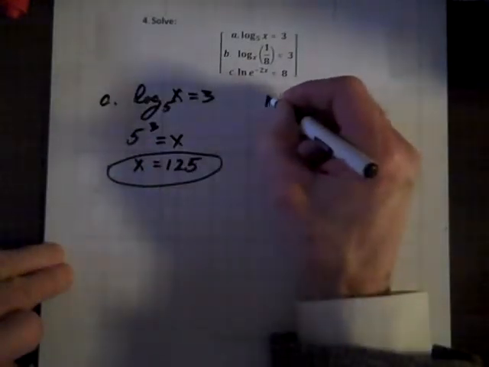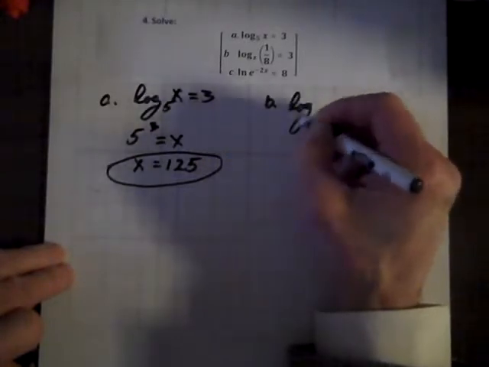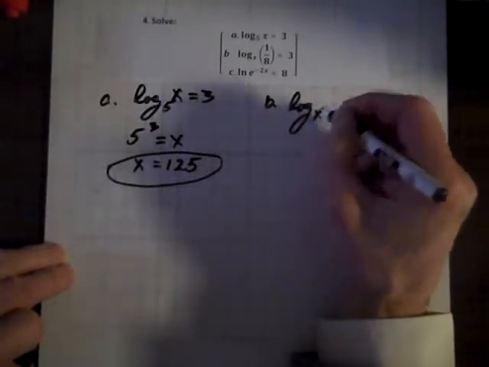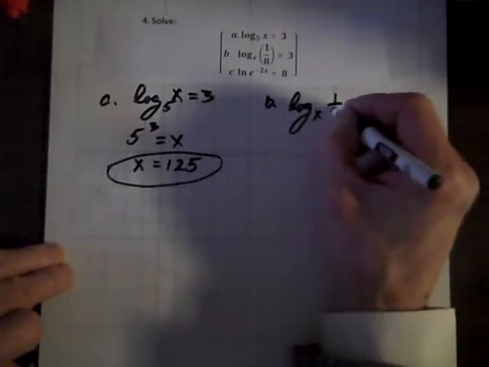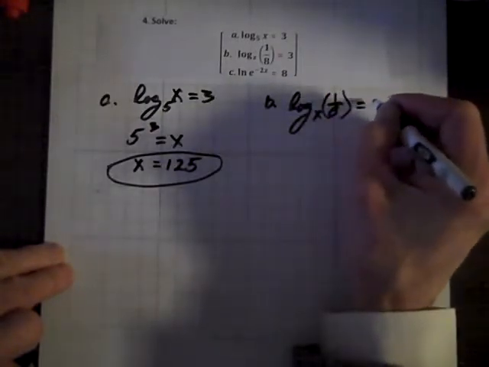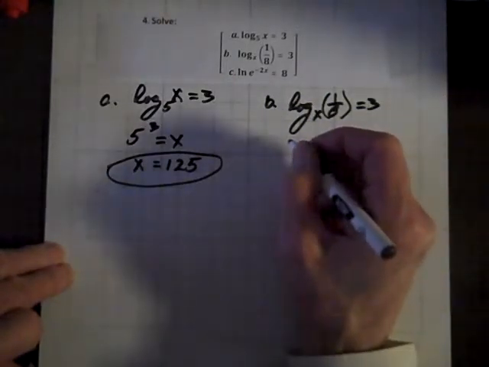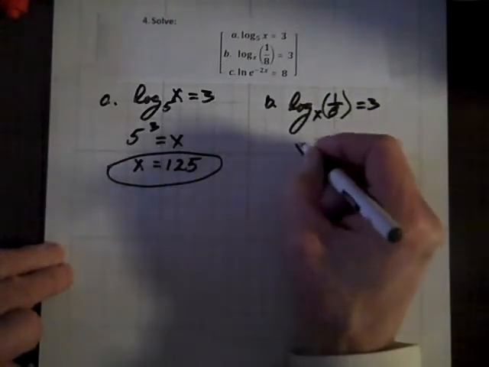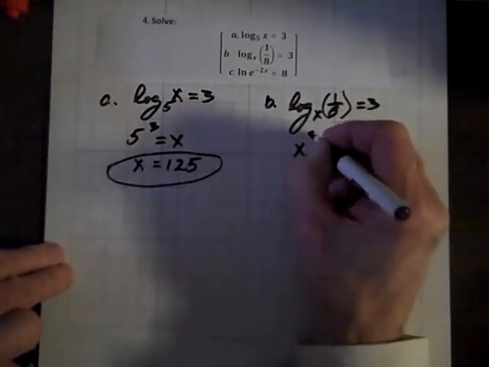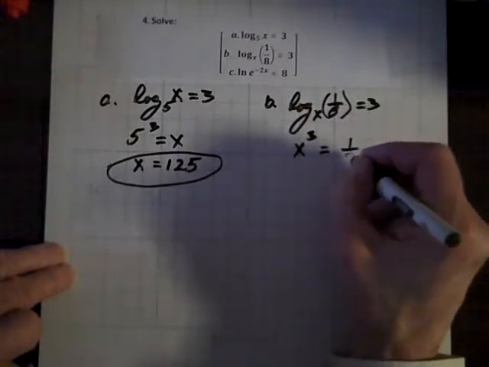For B, we have log to the base x of 1 over 8, and that equals 3. In exponential form, the base is x, the exponent is 3, and the result is 1/8.